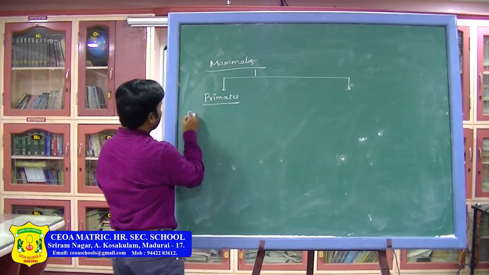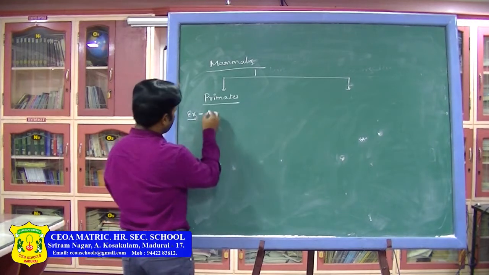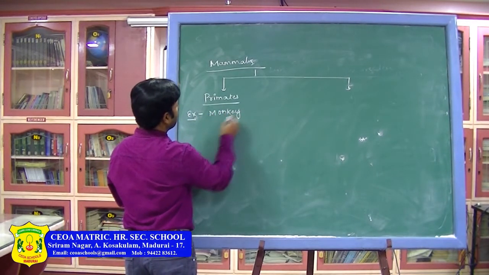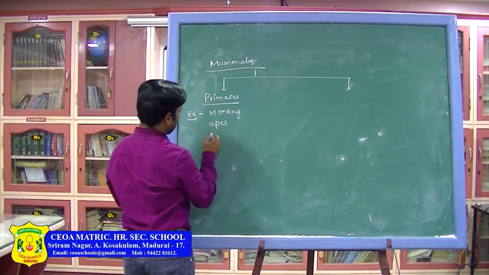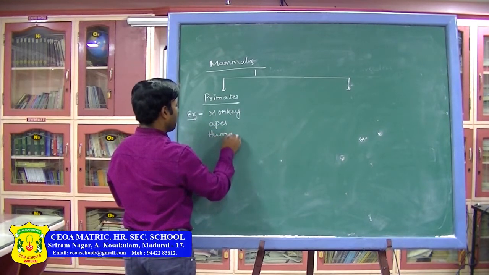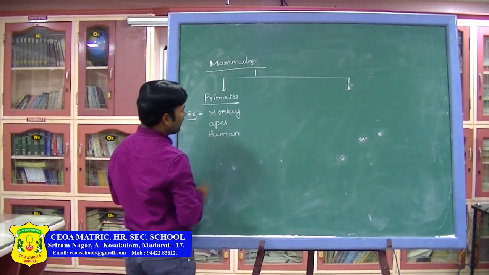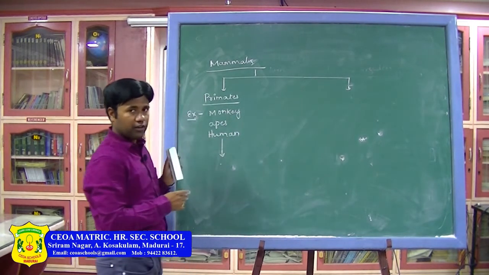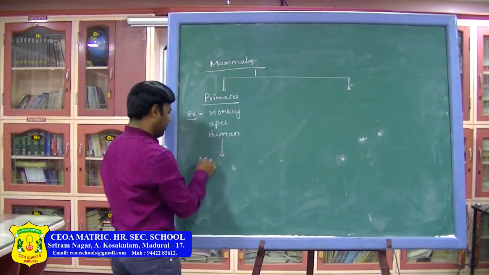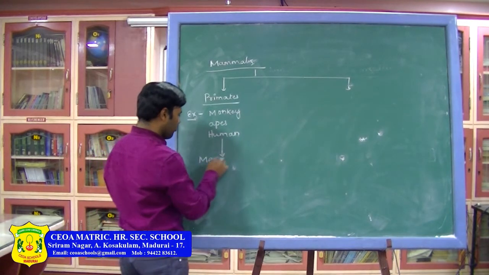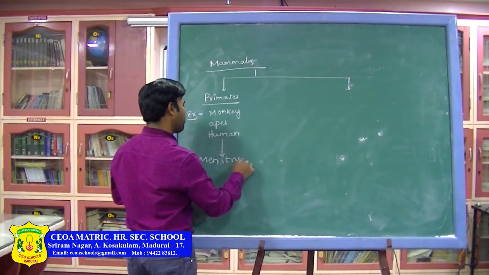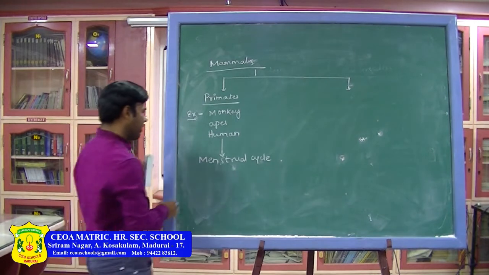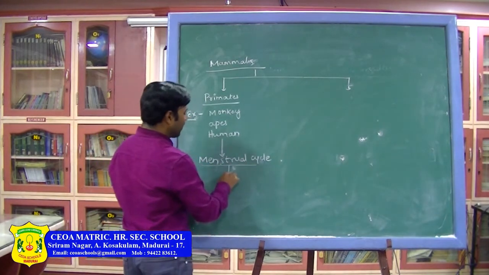For example, among the primates: monkey, apes, human beings. Here, what happens in the reproductive phase? When you see the female reproductive part, what cycle can we see? The menstrual cycle. What is the menstrual cycle here?